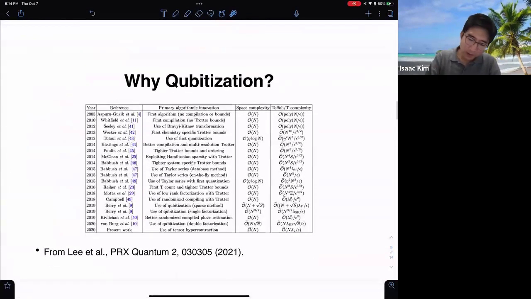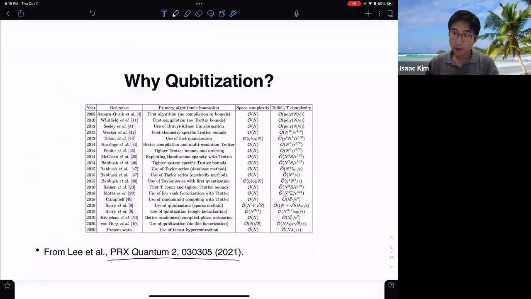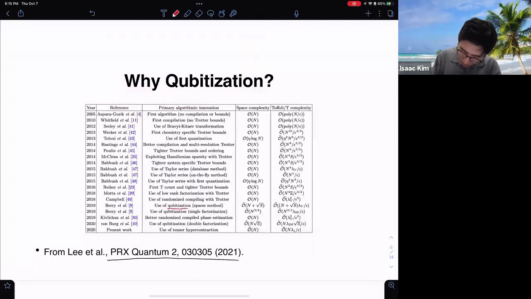For instance, this is a table that I stole from a recent Google group paper, by Google and their collaborators. It looks like they really like making these tables. What I want you to focus on is the column that says primary algorithmic innovations. You can see that starting from around 2018, 2019, let's say, is the use of qubitization. This 2019 is an exception with the use of qubitization.